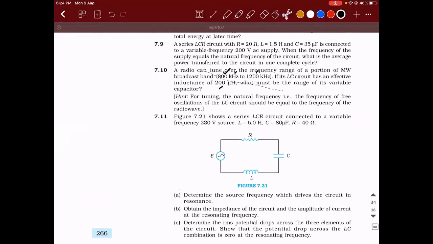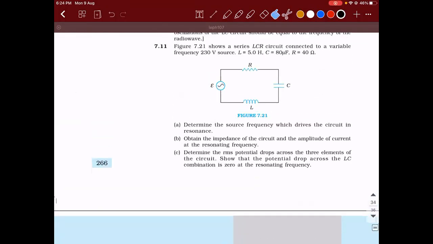Last problem. Figure 7.21 shows a series LCR circuit connected to a variable frequency 230 volt source. L is 5 Henry, C is equal to 80 microfarad, R is equal to 40 ohm. Determine the source frequency which drives the circuit in resonance.